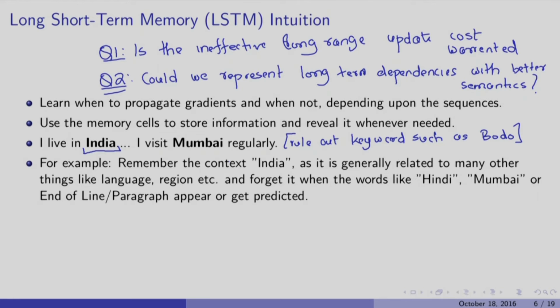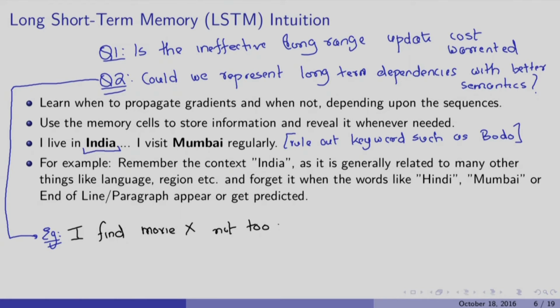Here is another example to illustrate this point. So let us say I saw the sentence, or I am trying to model the sentence, I find movie X not too boring, and let us say I was trying to detect sentiment. So boring certainly would be indicative of negative sentiment.